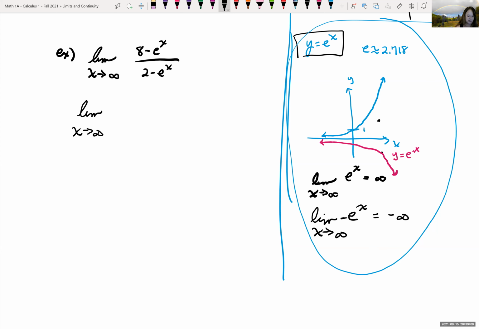If we plug in infinity wherever we see an x, well, the limit as x approaches infinity of a constant, 8, is just 8 itself. So we got 8 minus e to the infinity, all over 2 minus e to the infinity.